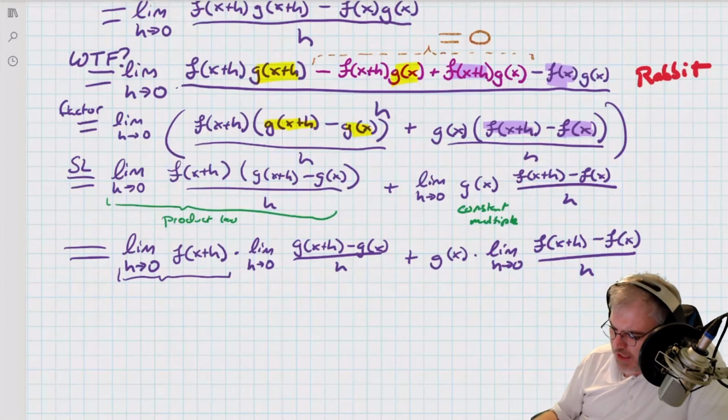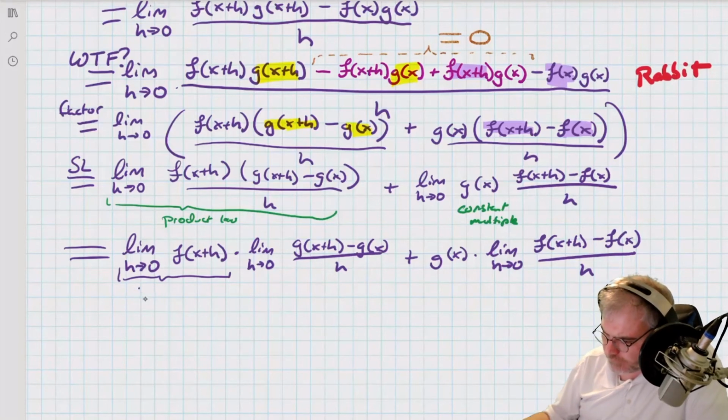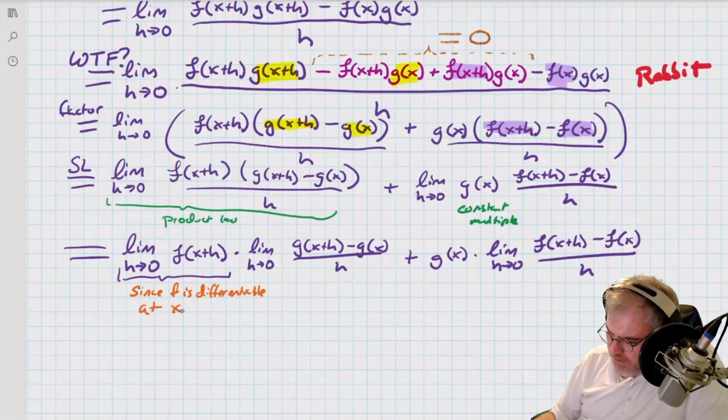Well, actually I can, because I know since f is differentiable at x, f is continuous at x.